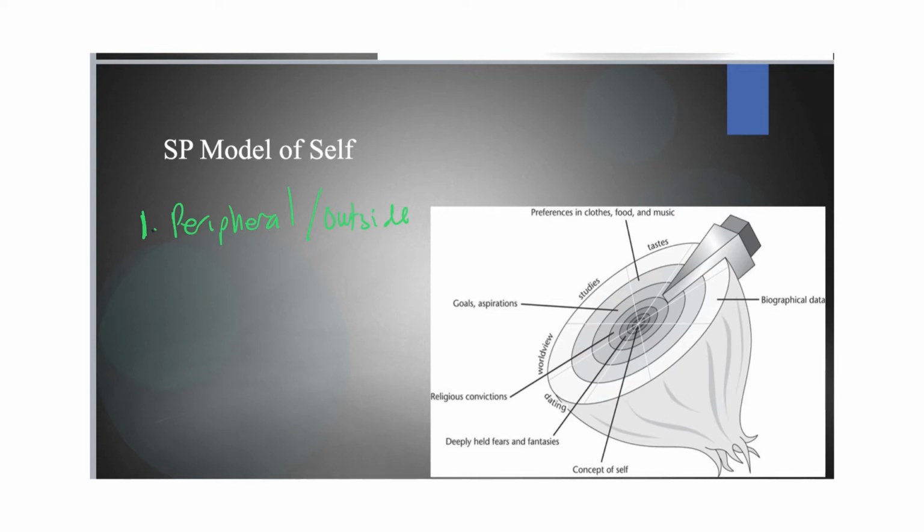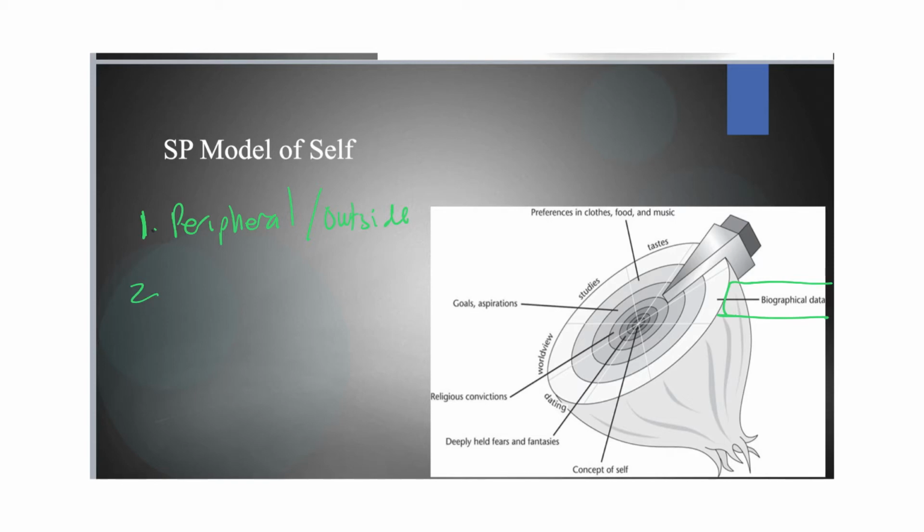And you can kind of see on the outside layers biographical data in this little chart here. So this is stuff that's often perceivable that you don't mind sharing with people generally. Where are you from? What's your favorite subject? What's your age? Now, age can be somewhat personal, but we are often willing to at least tell when our birthdays are, if not the year, but at least the dates, and so forth.